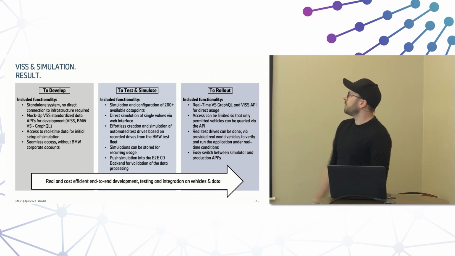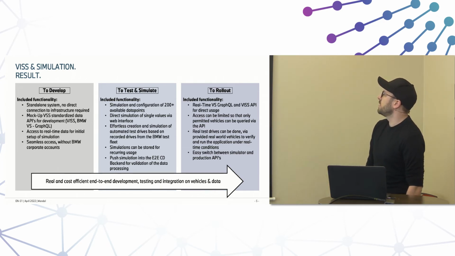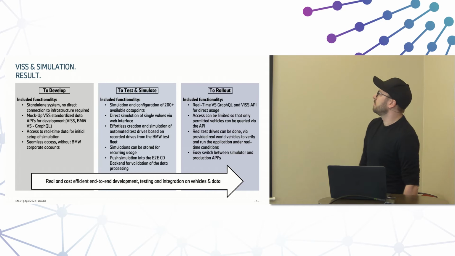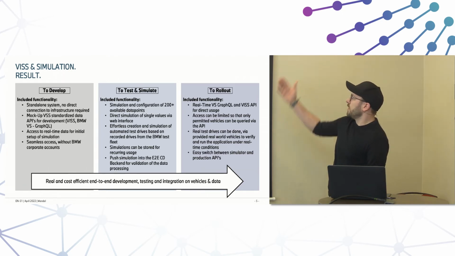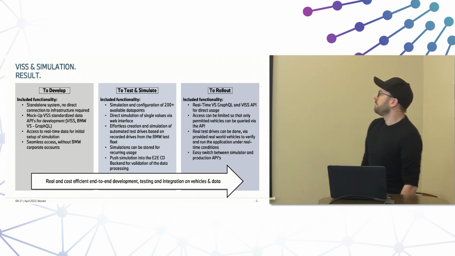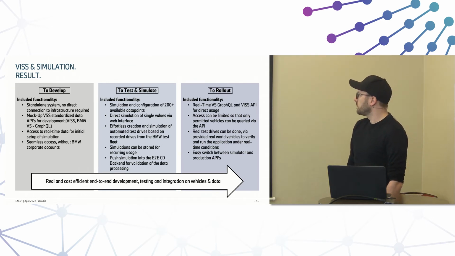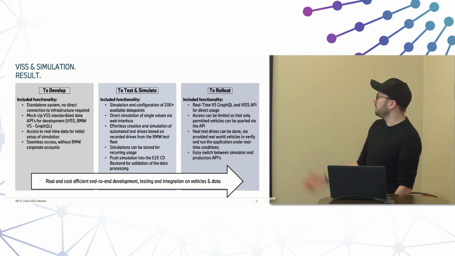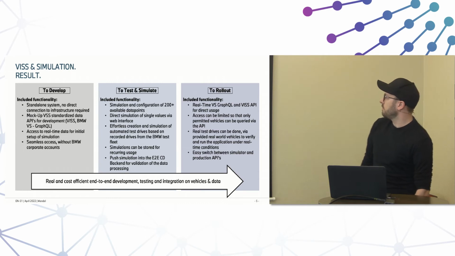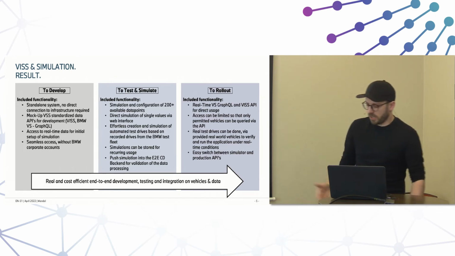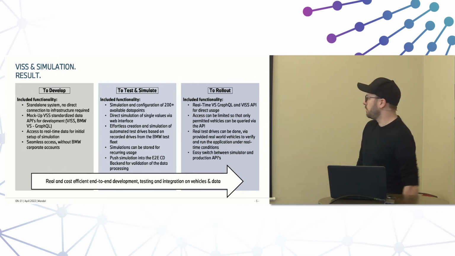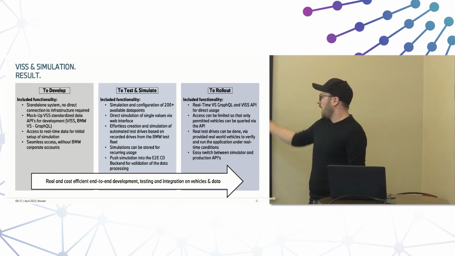And for rollout, it's really cool because in our real-time system, we have GraphQL, and we can use VISS for direct usage. We can limit access, so that only permitted vehicles can be queried via the API. This was pretty nice. Like I said, we have real test drives where, if we find an issue in the field, we can work it in the backend, and I can easily switch.